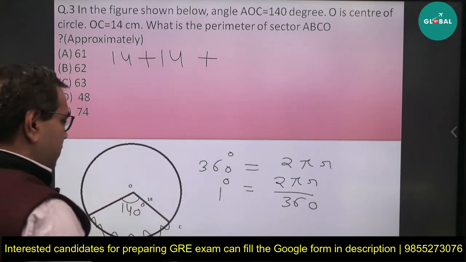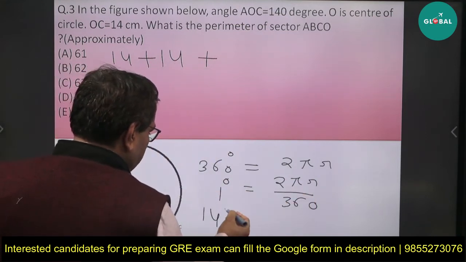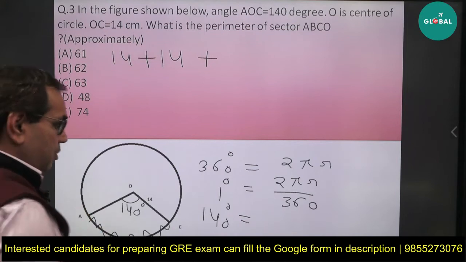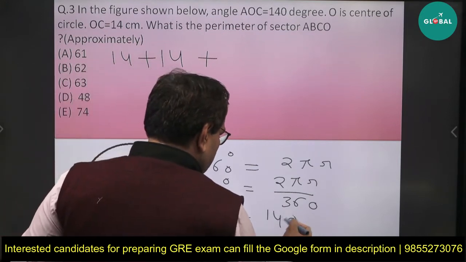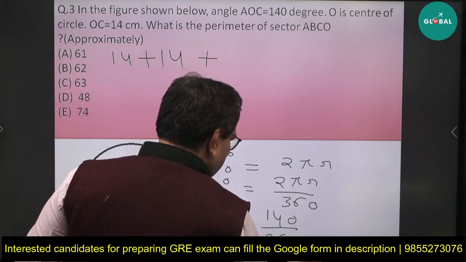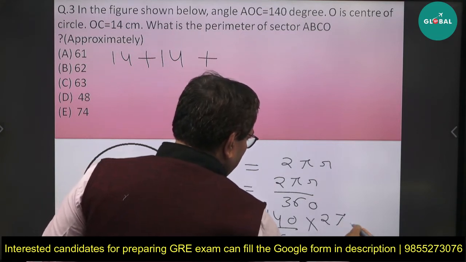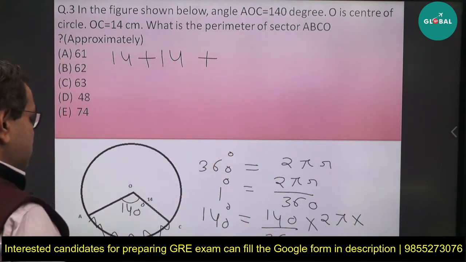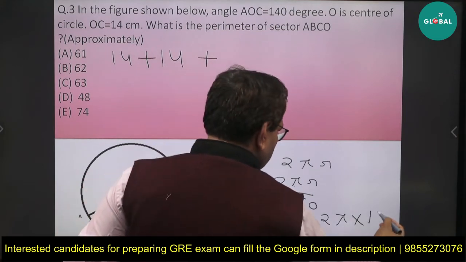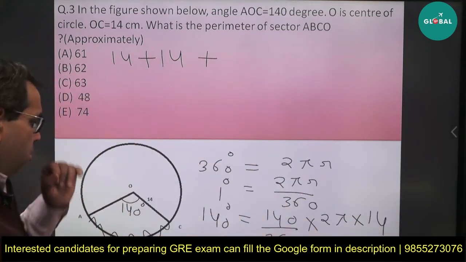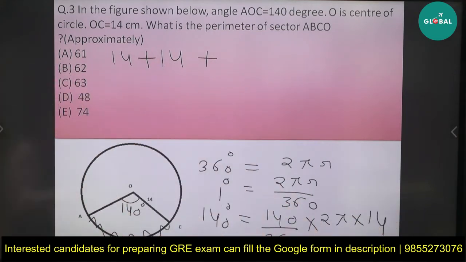So 140 degrees will give us the arc length: arc length equals 140 upon 360 into 2 pi r. What is r? R is the radius, that is 14. So we have to compute this and then provide an approximate answer.